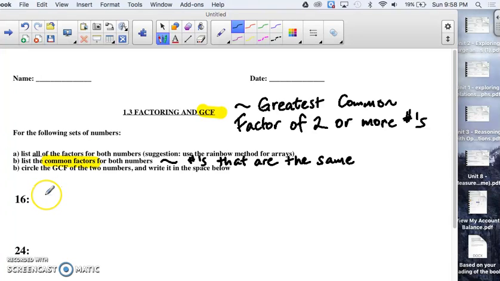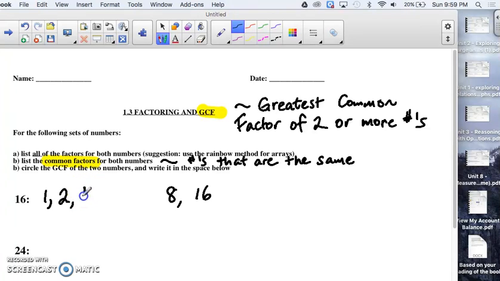So for 16, we always start off with 1 and itself, right? So 1 times 16 is 16. I know that 16 is also divisible by 2, so I'm going to go 2 and 8 are factors of 16. Just a reminder to list them pretty far apart so that you're listing them in pairs and you can pair up the arrays afterwards. Now, is 16 divisible by 3? No. And then I go up numerically from 3.